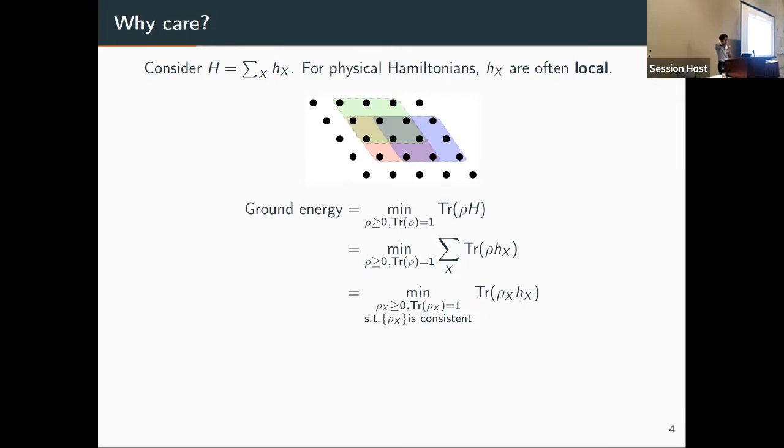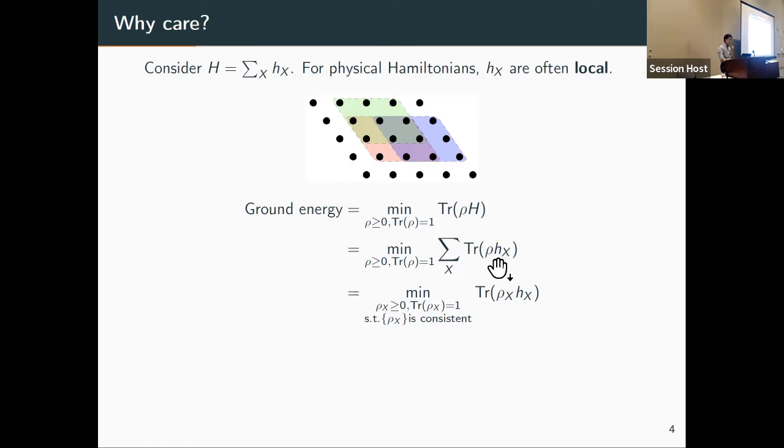Probably there are lots of motivations, but at least for me, the main motivation is quantum many-body physics. Oftentimes when you write down the Hamiltonian, you can write it as a sum of locally interacting terms, each of which acts on a finite number of particles. If you formally write down the expression for the ground state energy, on the first line you have an optimization problem over an exponentially large space, but then you realize that the Hamiltonian is a sum of local terms.